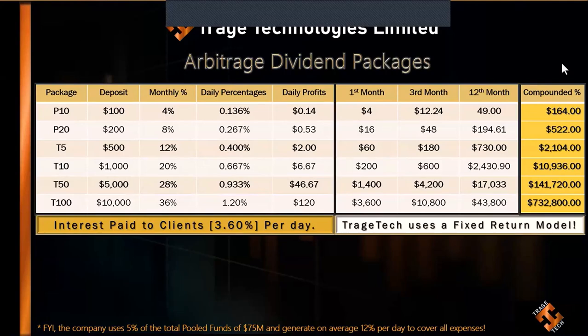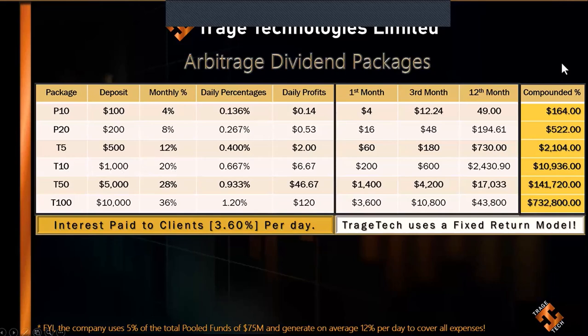Hedge fund. The P20: $200, 8% a month, and they pay you 0.267% daily. You're making 53 cents. T5, $500, 12%. T10, $1,000, 20%. What?